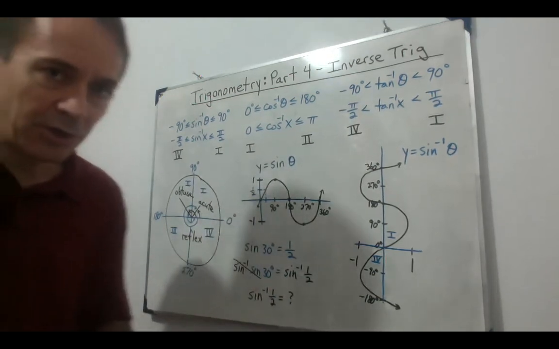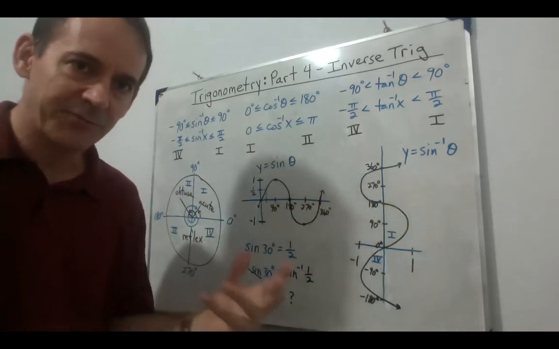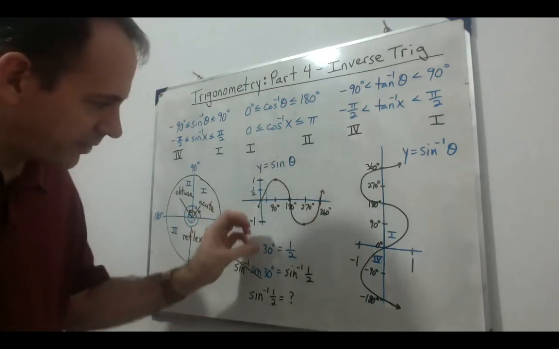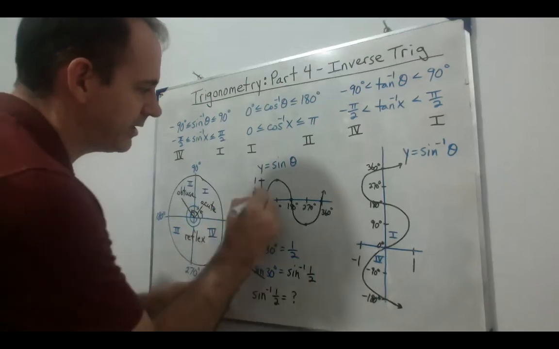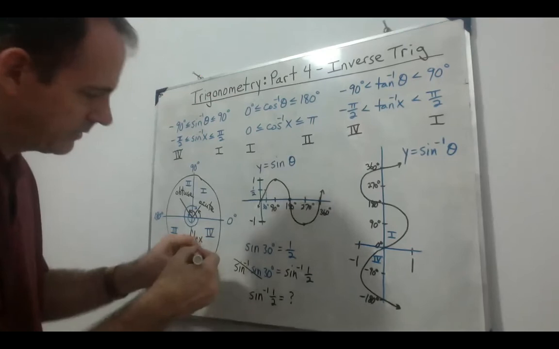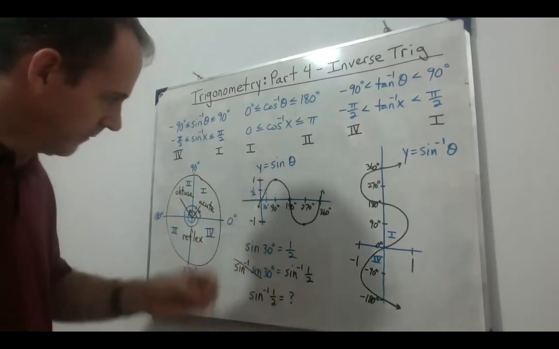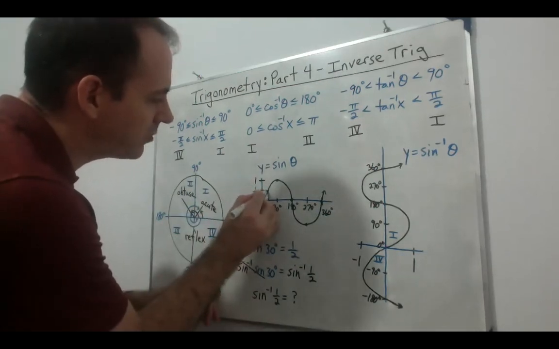We also know that based on the special triangles that we looked at first in part 1. So sine of 30 equals 1/2. If you notice our 30 degrees right here, if we went down, there's no graph down here, meaning there are no solutions. And if we go up, there's only this one solution right here.